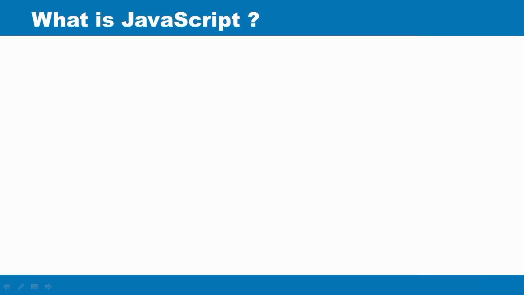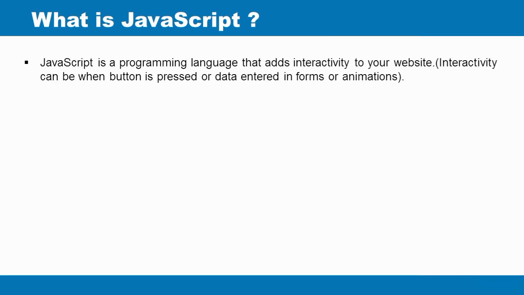What is JavaScript? JavaScript is a programming language that adds interactivity to your website. The interactivity can be when a button is pressed or when data is entered into a form. It can even be animations.